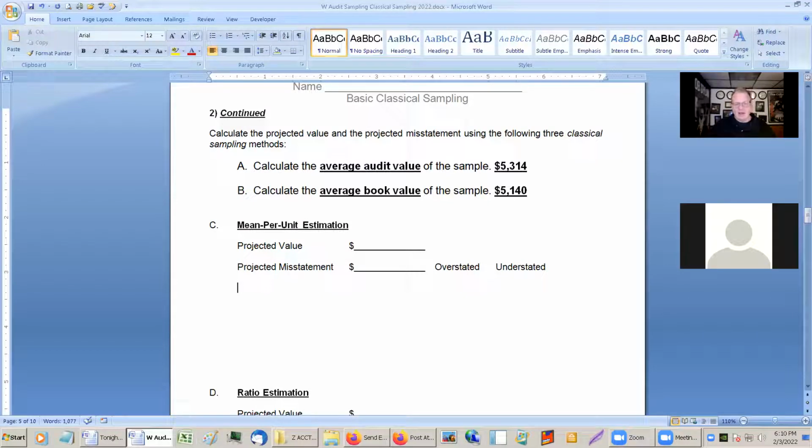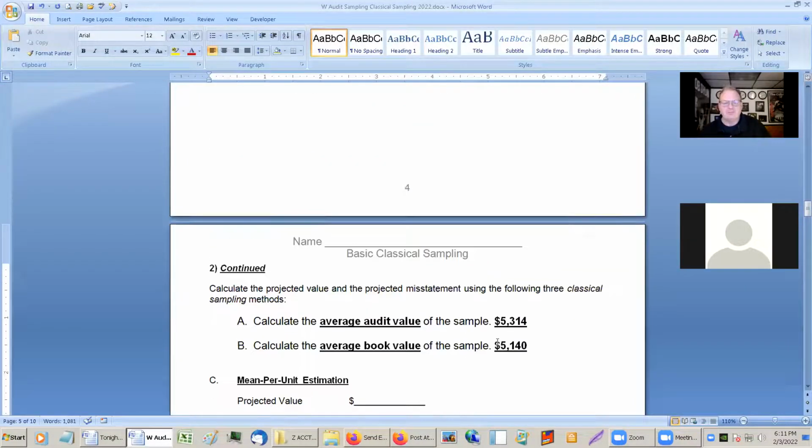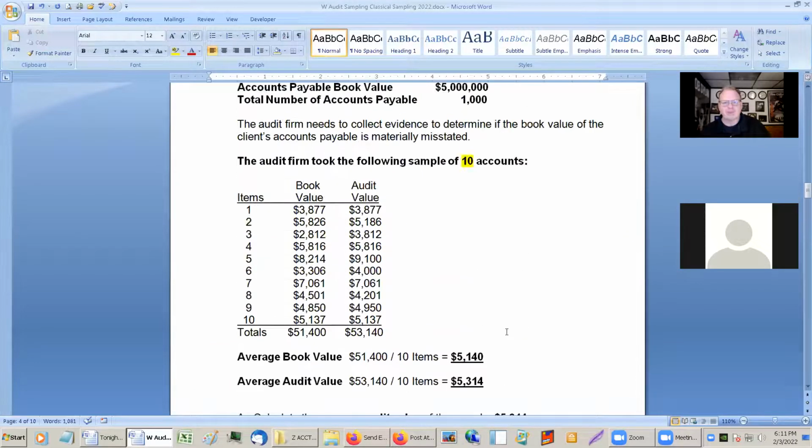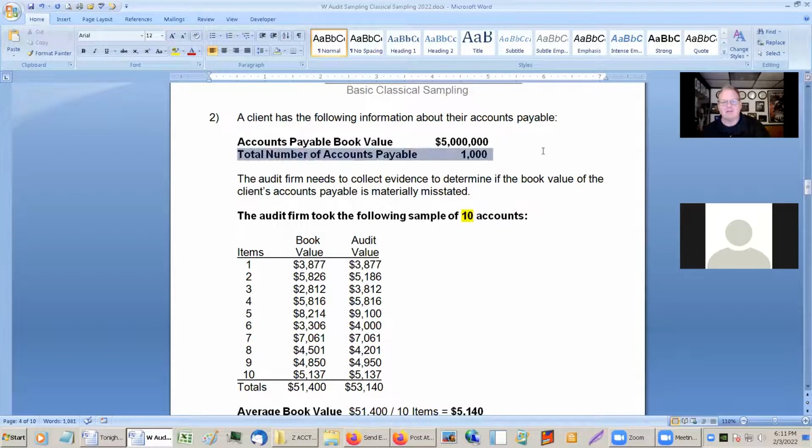And so we do that by taking the audit average times the total number in the population, so item numbers, 1,000. So what we're saying is, look, our average is 5,314.